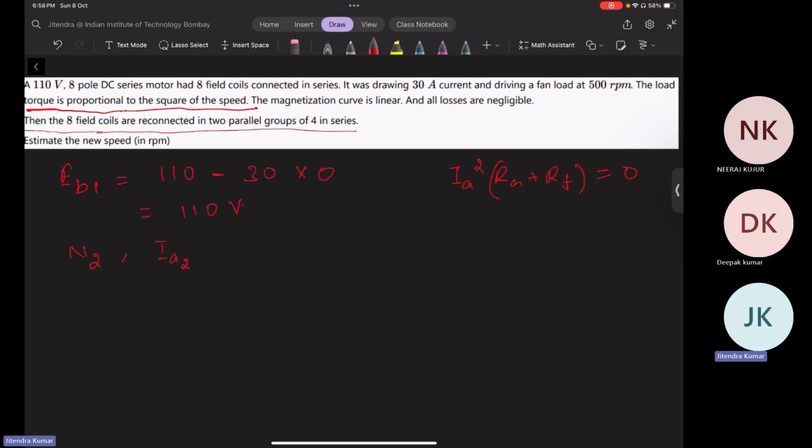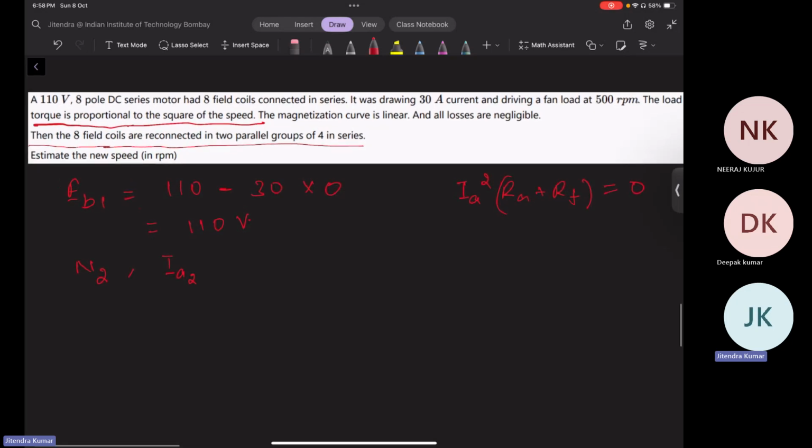Okay, but are RA and RF 0? They cannot be 0 because they are provided with some field. Okay, anyway.